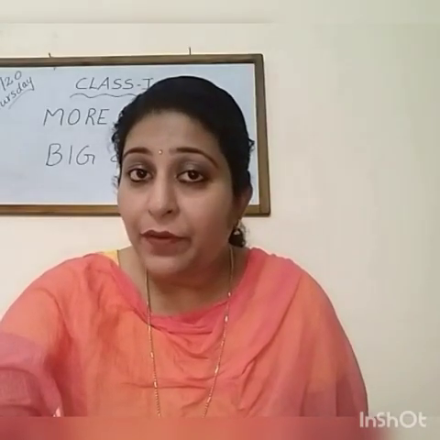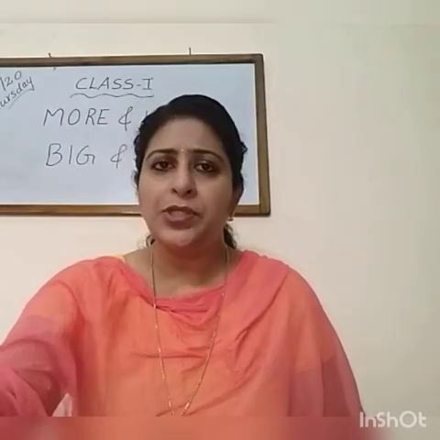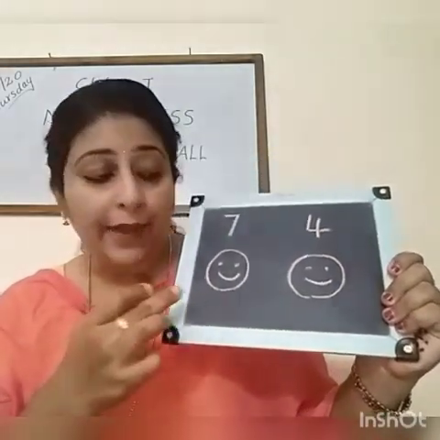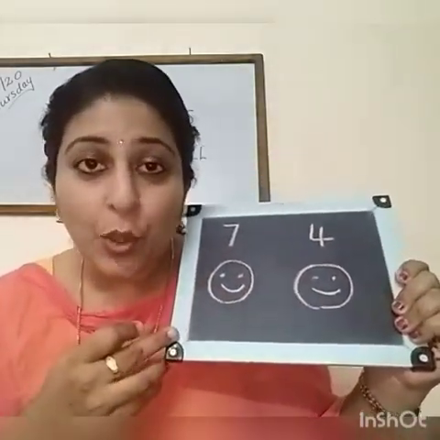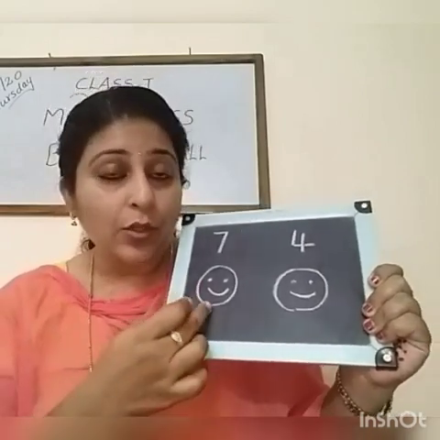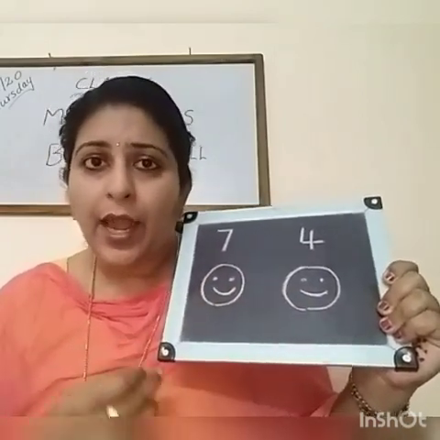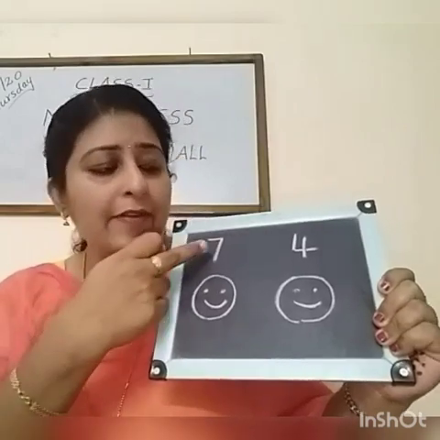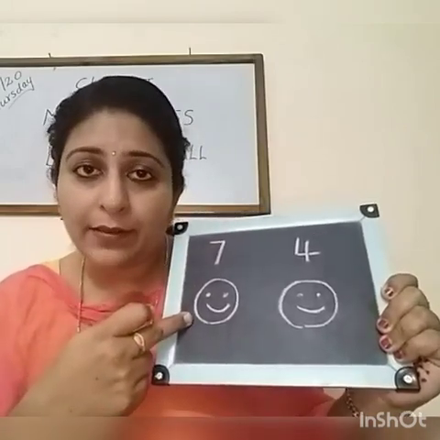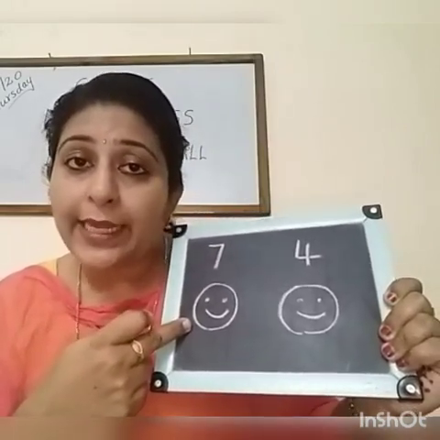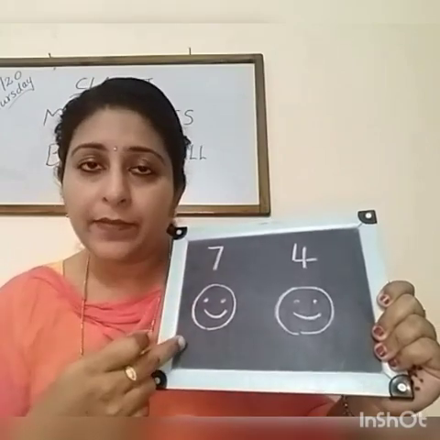Now listen carefully. There are two children. I have drawn two smiley for showing them. Okay. So there are two children. And I gave 7 ice creams to first one. To the first child I gave 7 ice cream.